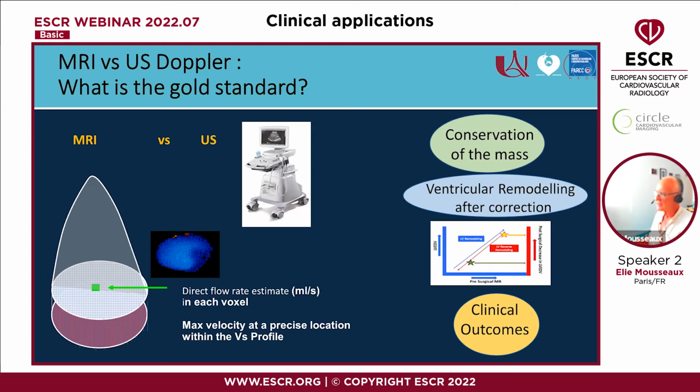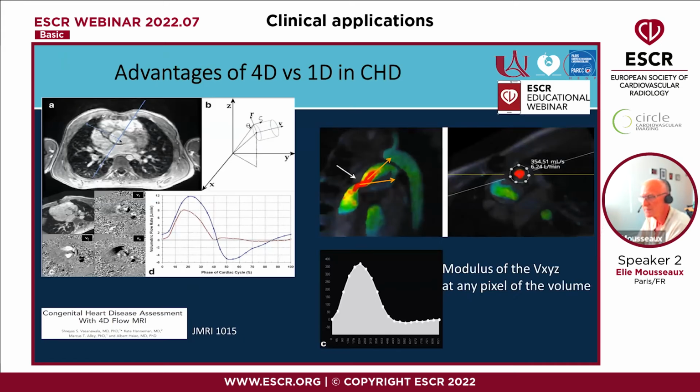You can also study after modification of the loading condition of the heart, you can appreciate the difference before and after a surgery, for instance. And I will talk about that for the validation of mitral regurgitation. And at the end, you can compare the two techniques by using the clinical outcome in a specific situation. Okay, and I will talk about that, for instance, also for mitral valve disease.